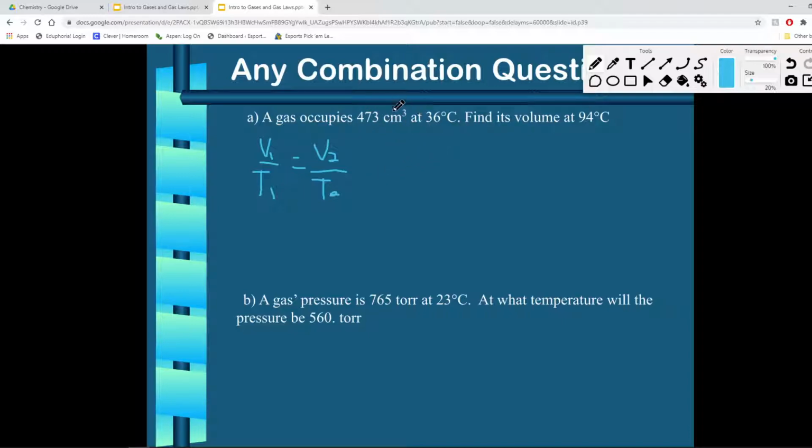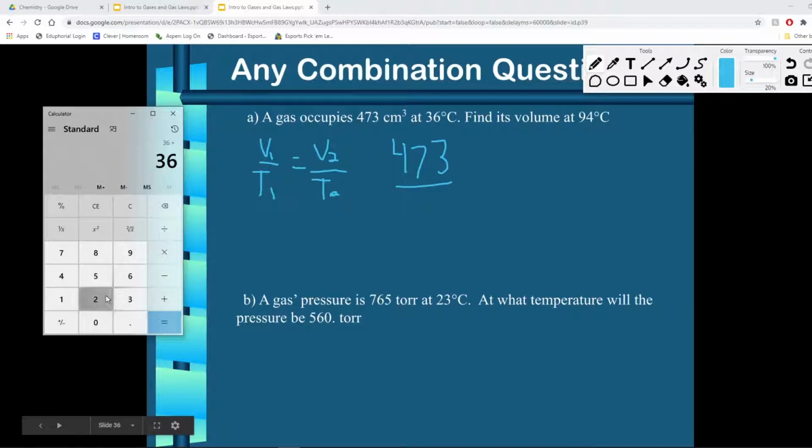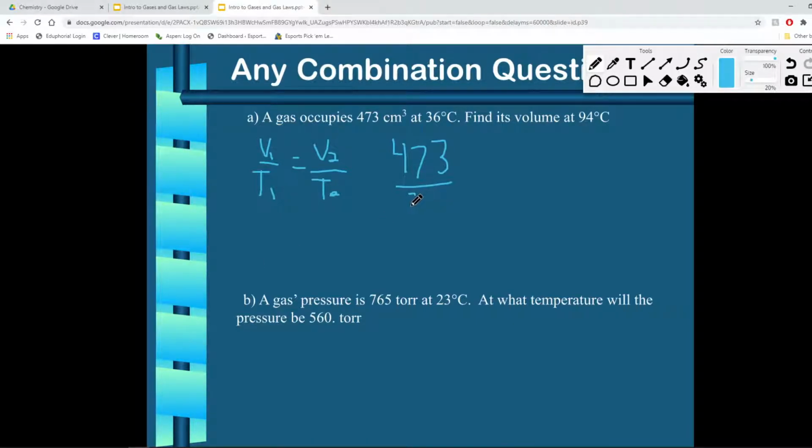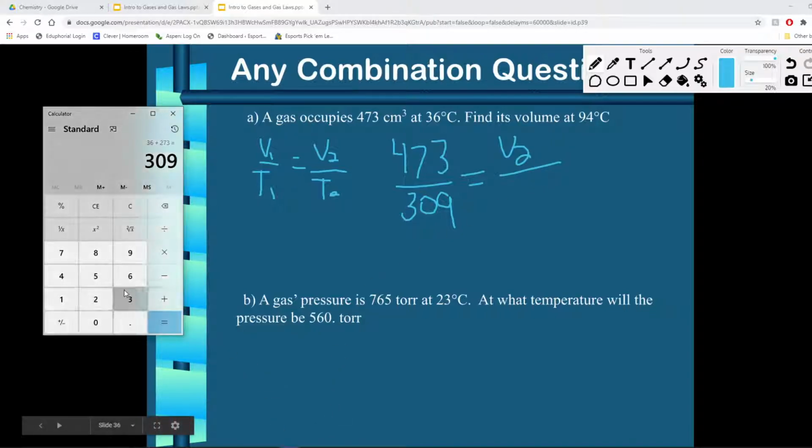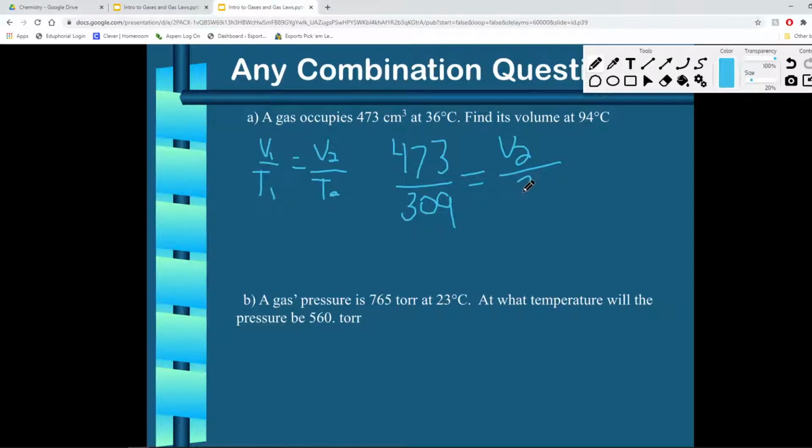We've got a volume initially of 473 and a temperature of 36 plus 273, because remember, we always have to convert it to Kelvin. And that's equal to V2 that we don't know over 94 plus 273, because that's our final temperature.